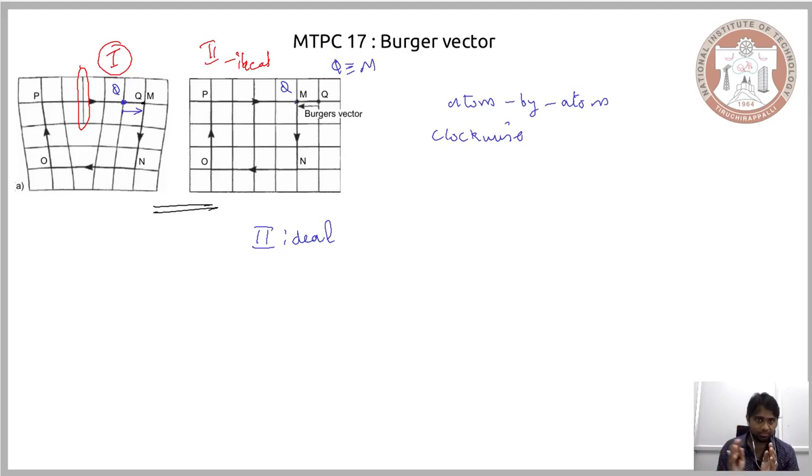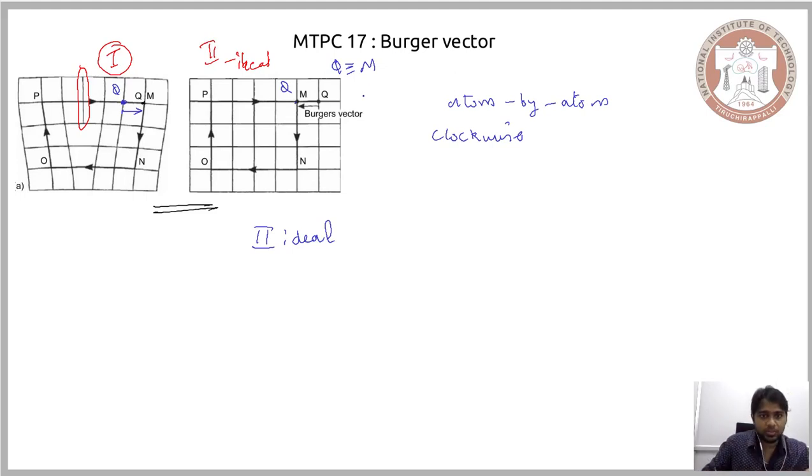We constructed a Burgers circuit wherein the initial and the final point overlapped with each other. When we reconstructed it in the system with the dislocation, we saw there is a gap between the initial and the final point of the Burgers circuit. Now we attempt to move this final point to the point of origin of this Burgers circuit, and when we do that, we arrive at the Burgers vector.